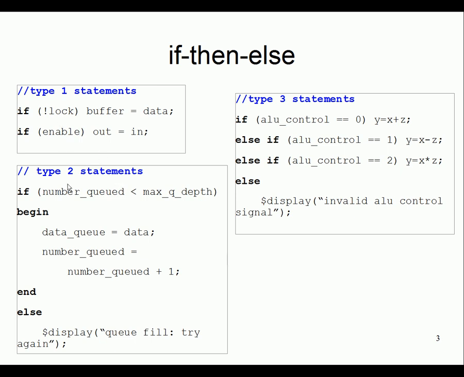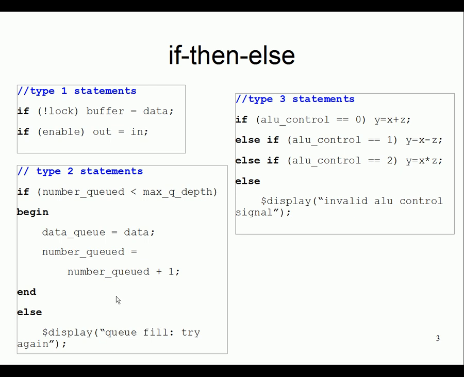And then we have the usual condition kind of stuff, less than or equal to something, do some begin. If we need to pack multiple statements, we definitely need to use a begin and end block. Unlike this one, which is just one statement, so we don't need a begin and end there.